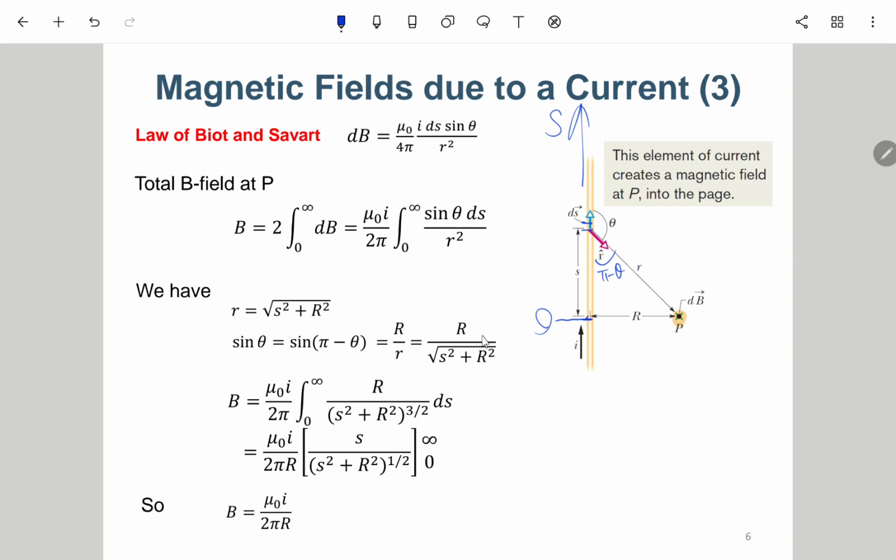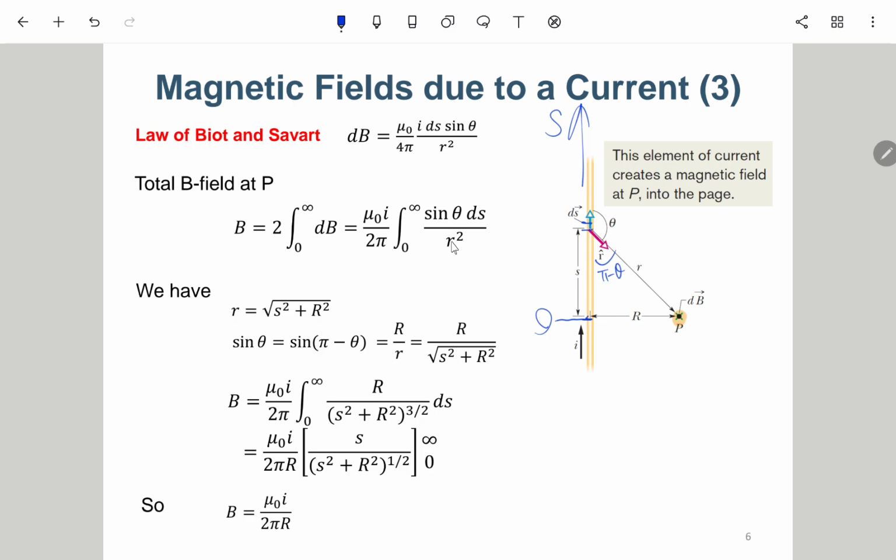And sine of theta is capital R divided by small r, so we just put this square root here. So sine of theta has this expression, and it's a function of S, and capital R should be a constant.